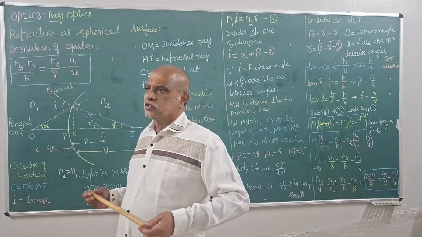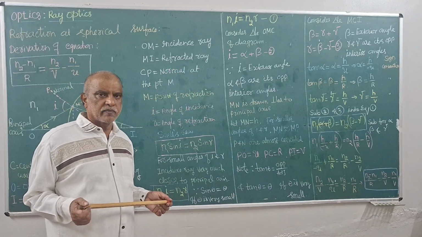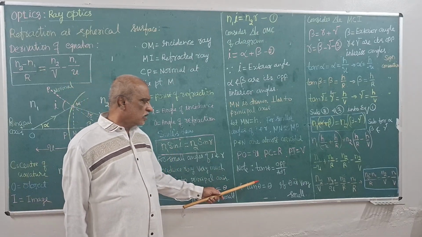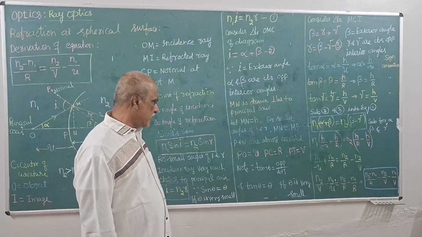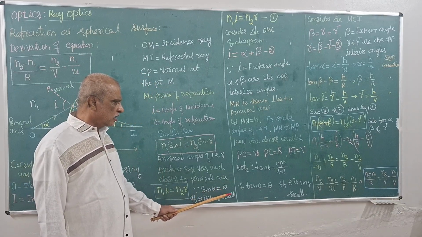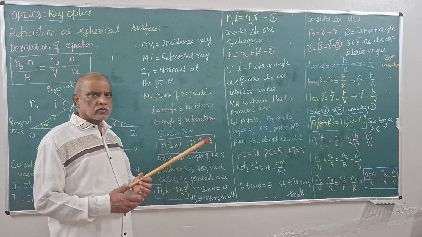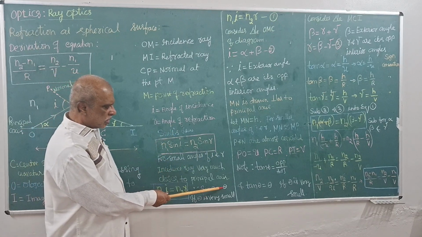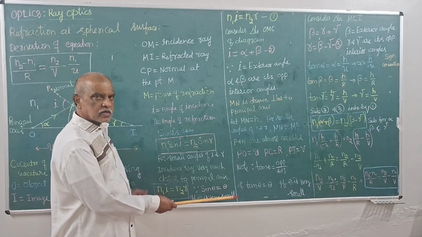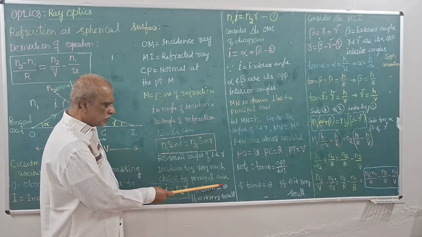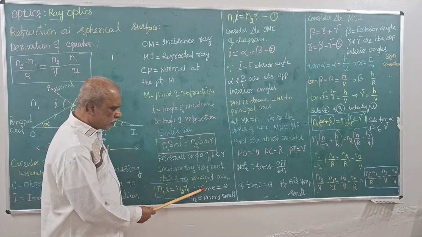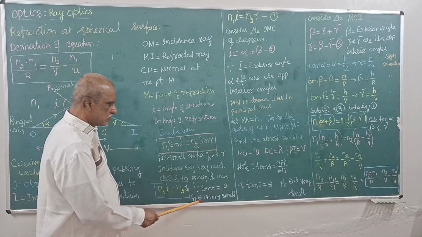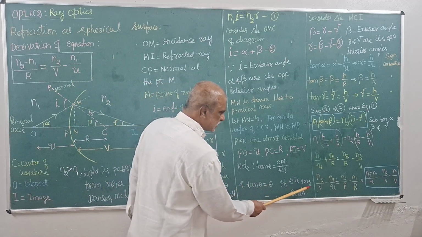Then recall the geometry. If the angle is small, sin theta equals theta and tan theta equals theta. This is a geometric concept. As the value of theta approaches 0, sin theta approaches theta, and for a very small value, tan theta equals theta.